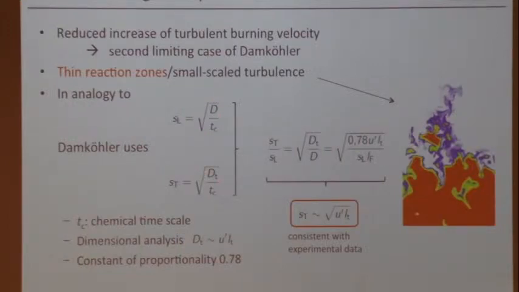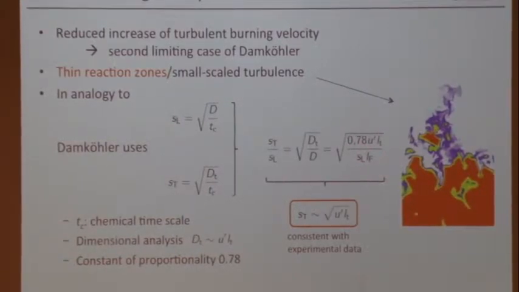If you do that, you can bring it back to these quantities. Dt is just u prime times lt, times some coefficient, and then tc I can write like this, and again I have this as a function of this ratio, and you see that this here actually is the Reynolds number.